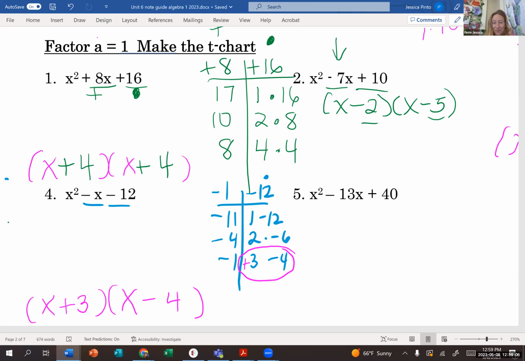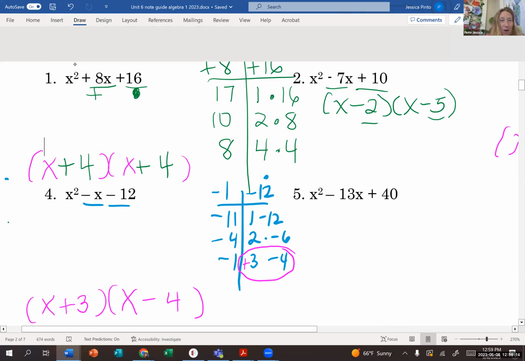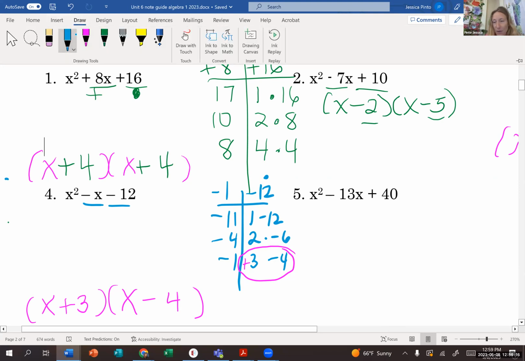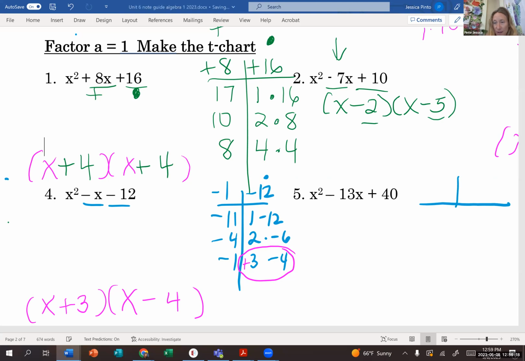That's it. So let's try number 5. Here I'm going to make my table. So I'm drawing. I use my blue. And it's negative 13. And then it's positive 40. So I made my chart. I want numbers that will multiply to 40.